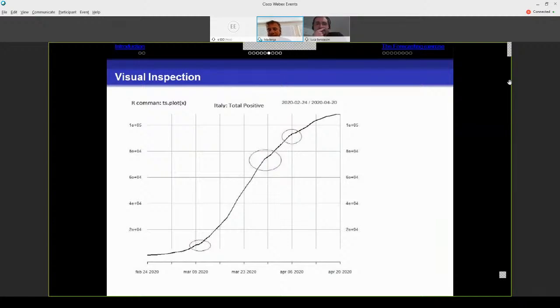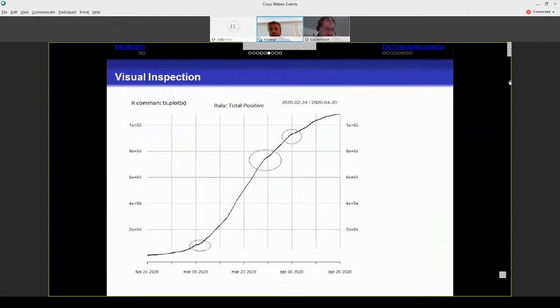The scope of this talk, this webinar, is to make you able to build your own mathematical model, not so complicated, but still a mathematical model able to deliver predictions. It's a self-contained presentation.